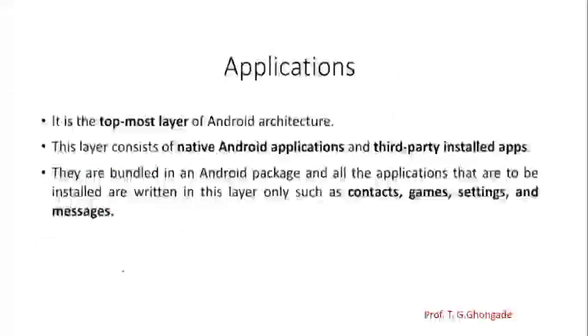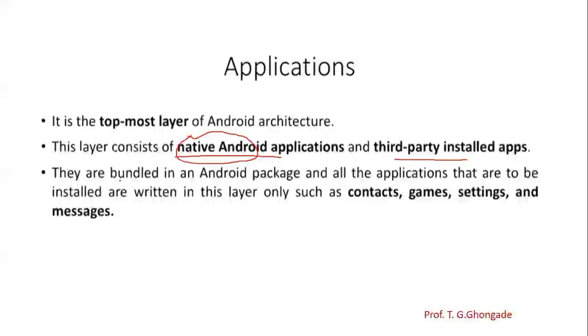And the next is the application layer, the topmost and last layer of the Android architecture design. It is the topmost layer of Android architecture. This layer consists of native Android applications and third-party installed apps. Okay, I have told you what is meant by native code and native applications. Applications that are specific to the operating system are native applications, and third-party apps are ones you can install from the Google Play Store.